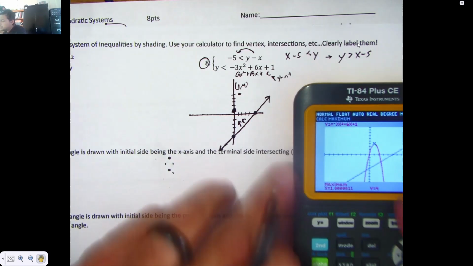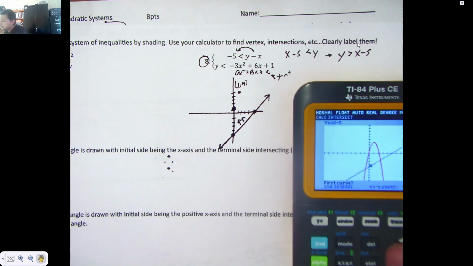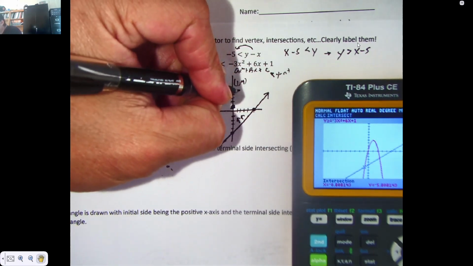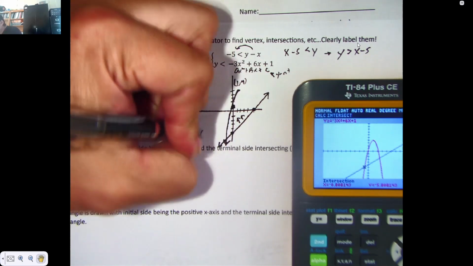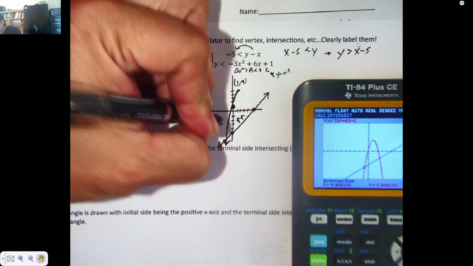And let's find where she intersects the line. Second trace 5, intersect. Get close, press enter, enter, enter. Intersection, whenever she crosses this line, somewhere over here, is at negative 0.808, negative 5.808.